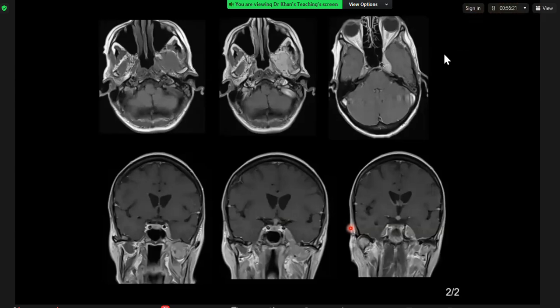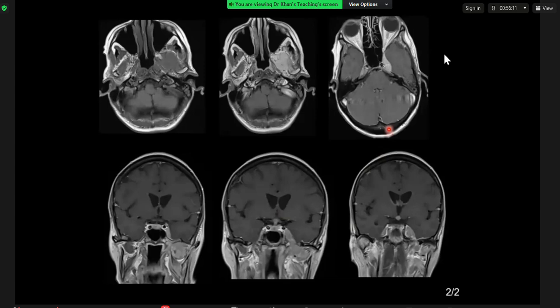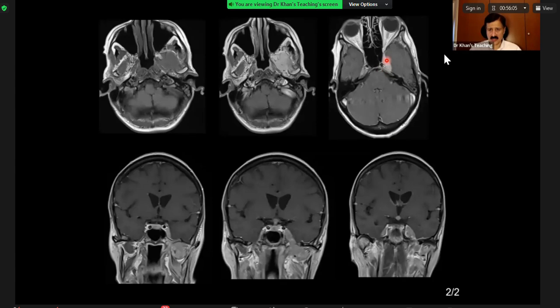So I'm looking at the last three images at the bottom. I can see the optic chiasm on the left. Excuse me, because of time factor, let me ask you leading questions. Do you think that the cavernous sinus here is involved by this enhancing focus or not? I think yes.